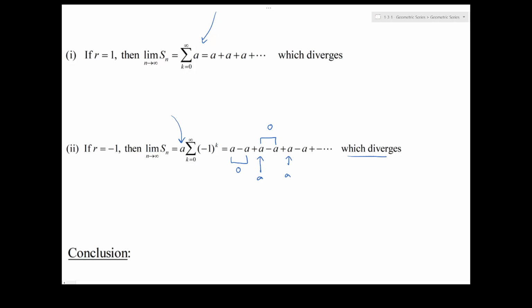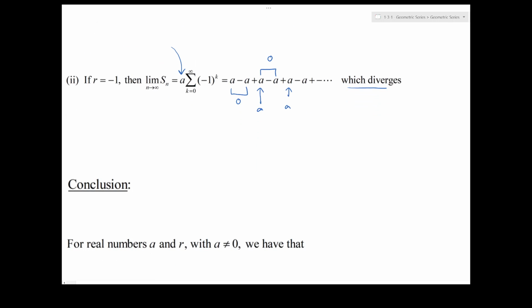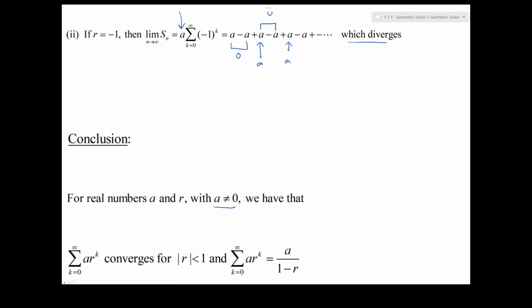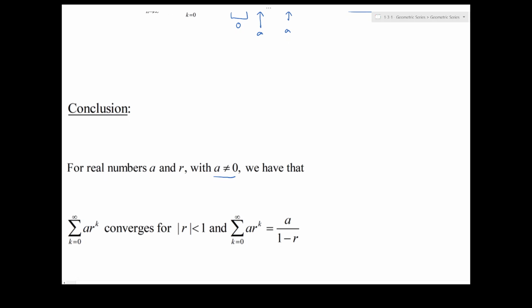Hence the conclusion. The conclusion is you've got real numbers a and r, a is non-zero. Then what we have discussed and shown is that the geometric series from k is 0 to infinity of a r to the k converges if the magnitude of r is less than 1. And moreover, it converges to something specific: a over 1 minus r.